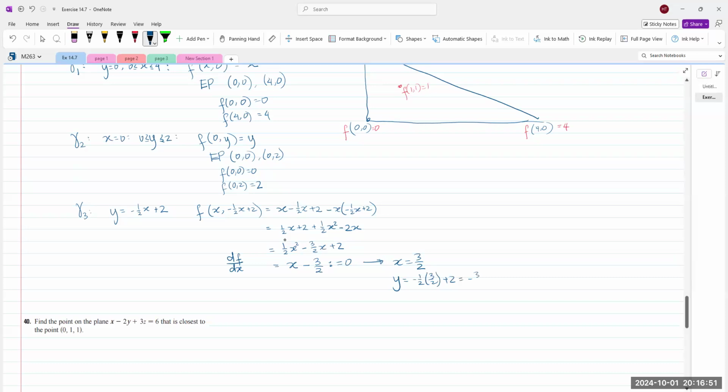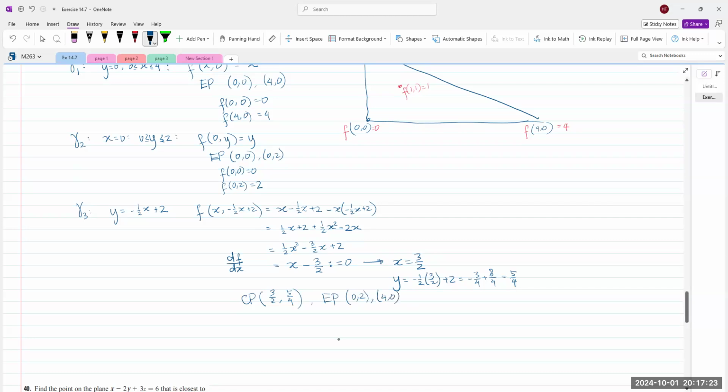That's negative 3/4 plus 2. So the critical point is 3/2, 5/4, and the endpoints are 0, 2 and 4, 0.